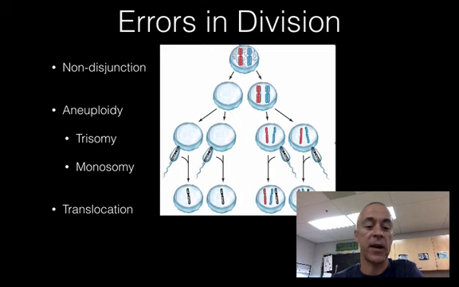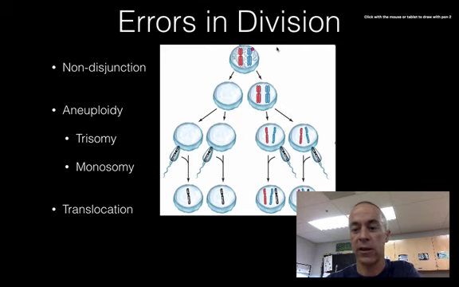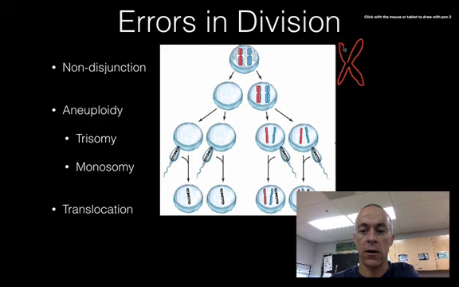And then the other form of non-disjunction that can occur is something called translocation. So for translocation, basically what that means is, if we have multiple chromosomes, so let's see if I can draw this here for you. We've got this chromosome here, and then we'll have another chromosome over here.